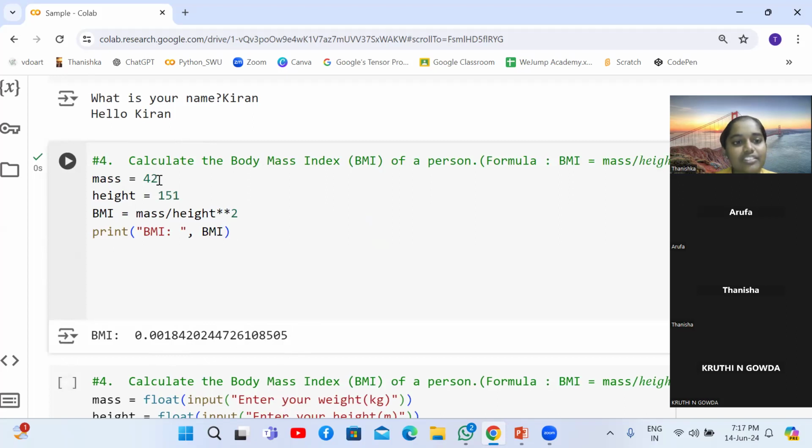You can just give a different height or different weight, and you can check your BMI. We can give 89. What will happen if I write 1.51? So here you got 39.0 and then it went on. So this is the BMI, okay?